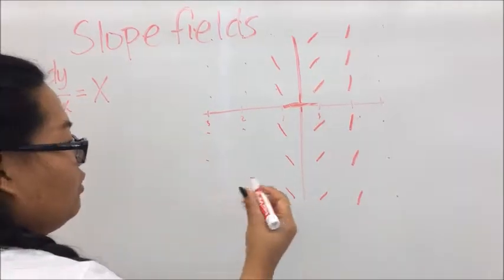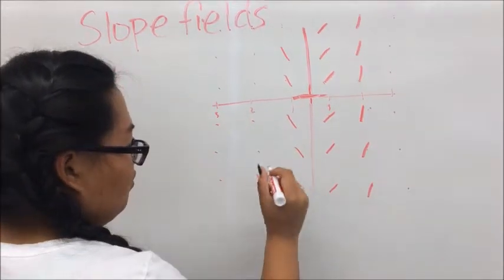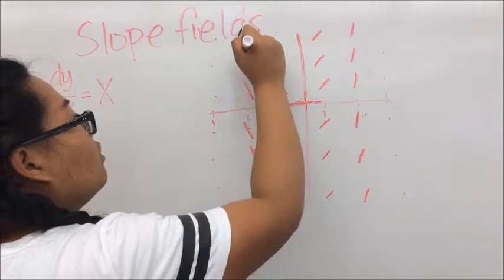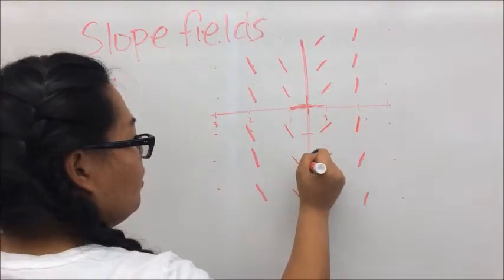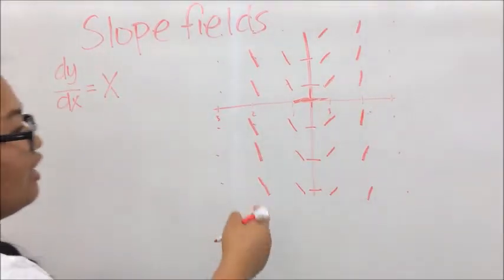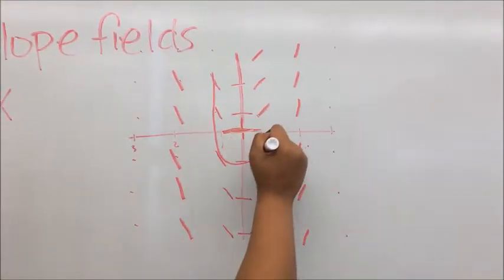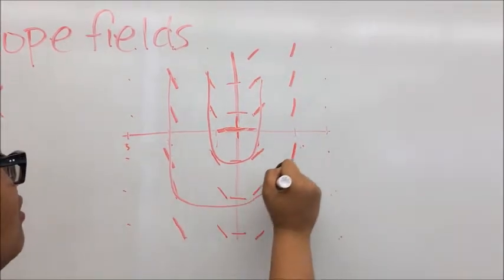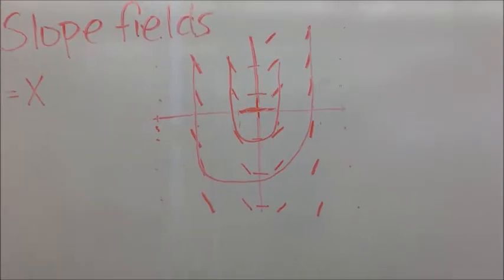And for negative 2, it's the same slope, but it's negative. And for 0, it's just a straight line. There's no slope. So you kind of see it's kind of like a parabola, kind of. So right there too. And that's how you graph slope fields.